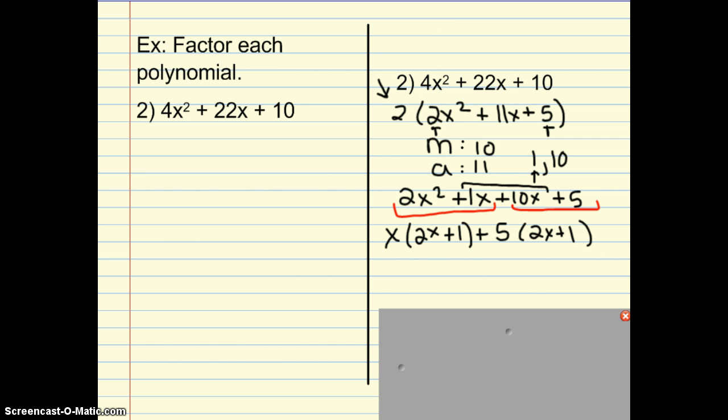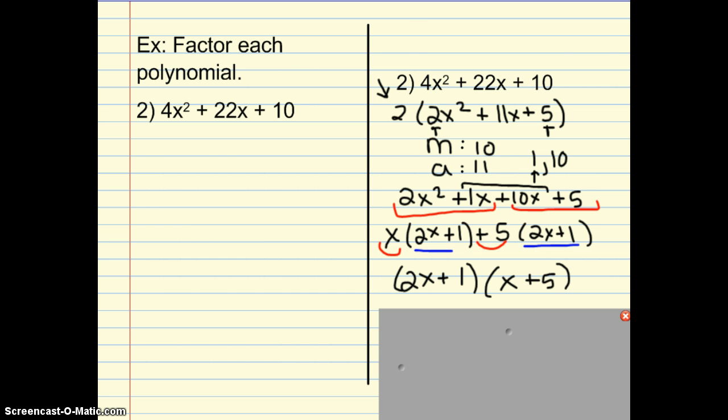And looking at this, I see that these two things are the same. So the first part of my answer, I can do 2x plus 1 in parentheses, and then I'm going to take my pieces that are left over, my x and my plus 5, and I'm going to have x plus 5 be my second piece.